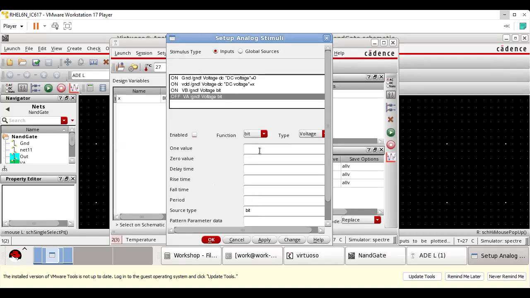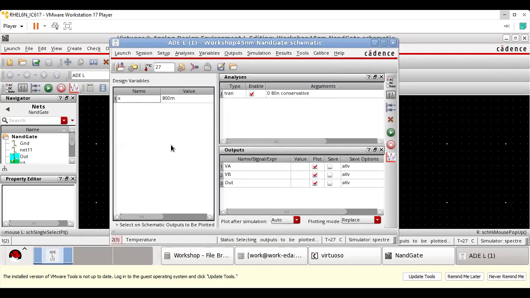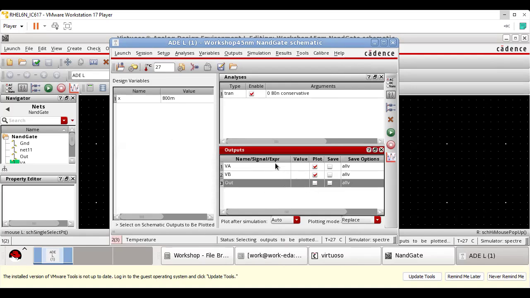For VB, we will take 0, 1, 0, 1. Anyone who did not get this point, what I have just explained, if you want to ask about this, ask now. I will show you how this VA and VB look like.